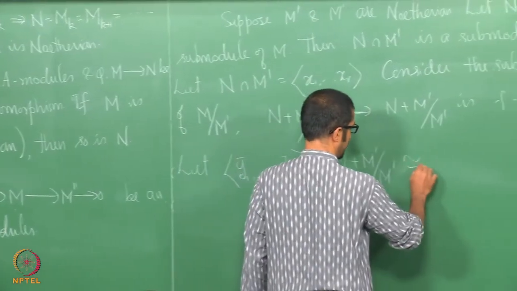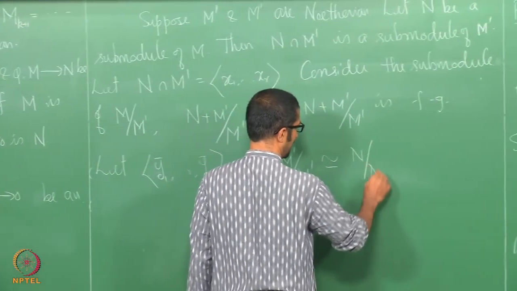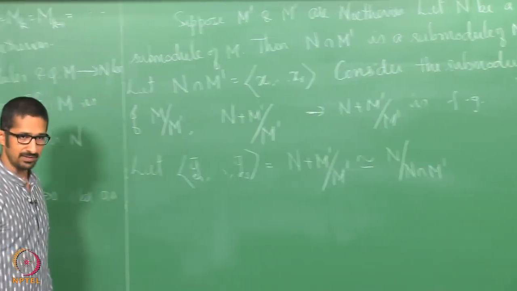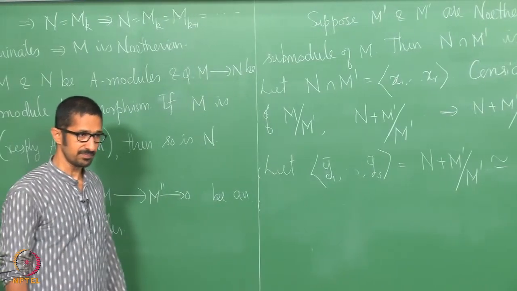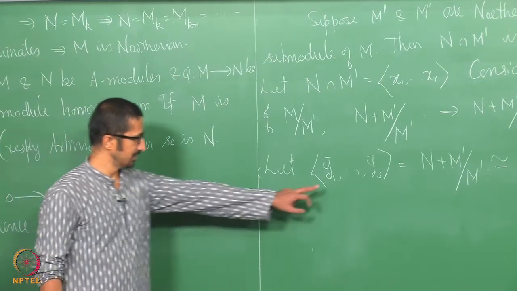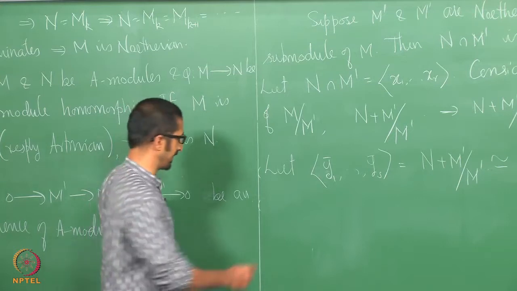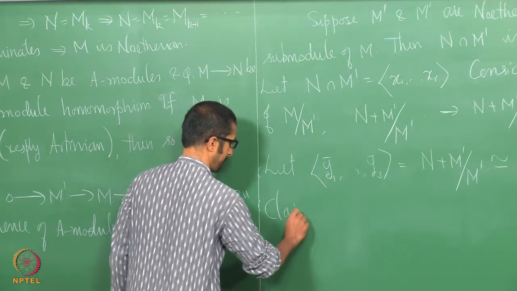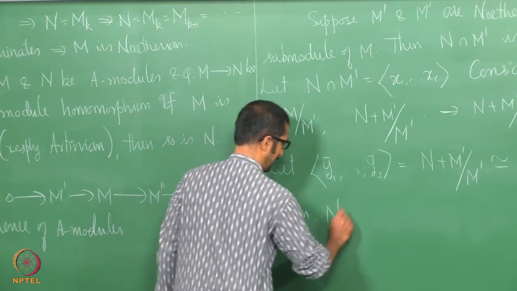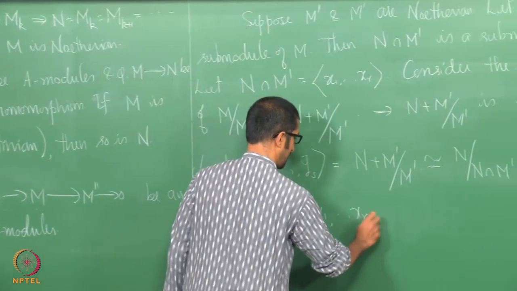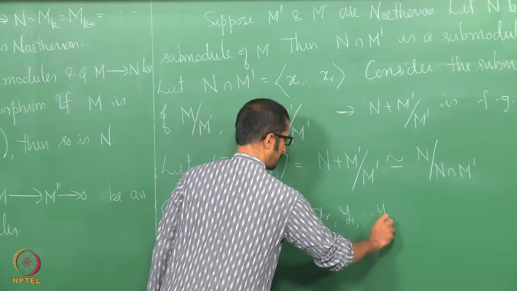This can also be seen as N mod N intersection M'. So, therefore, what should I claim? N is generated by x1 up to xr, y1 up to ys.